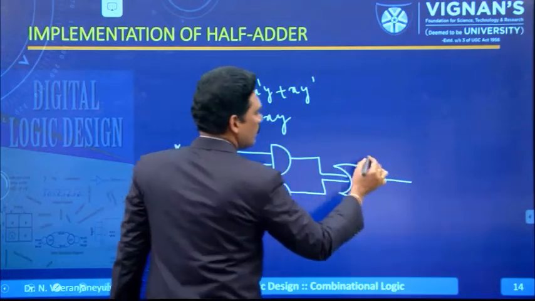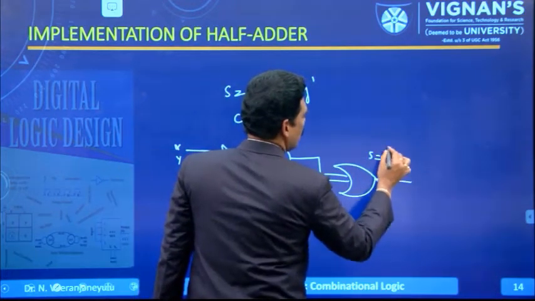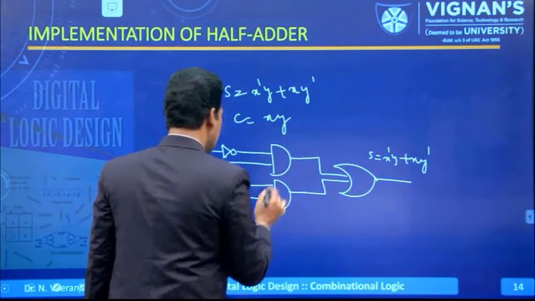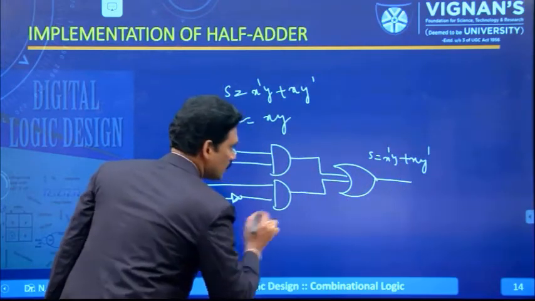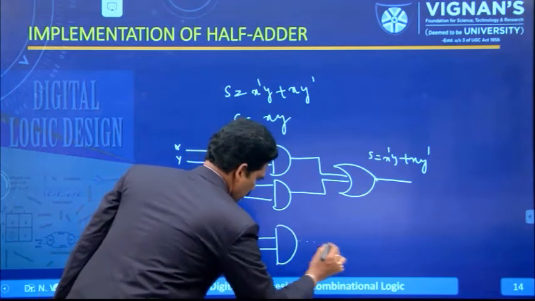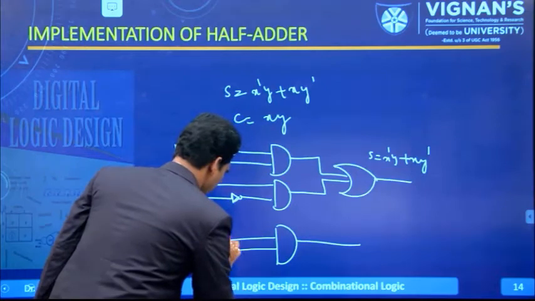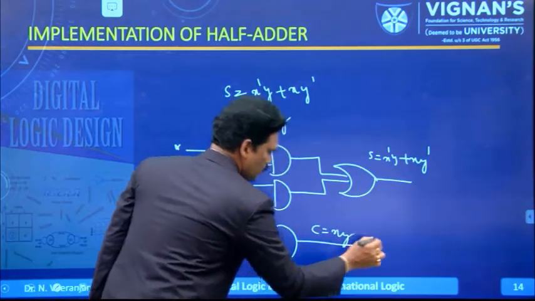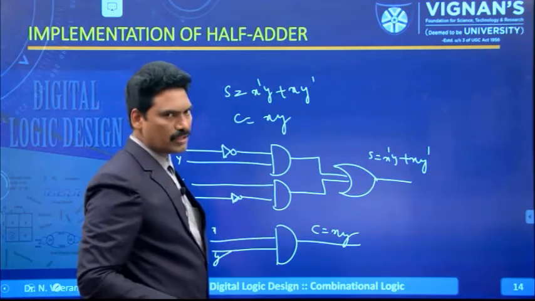This is S is equal to x bar y plus x y bar. And what about C? C is equal to x y. This is S, and this is x and this is y, and C is equal to x y. This is the logic diagram for this.